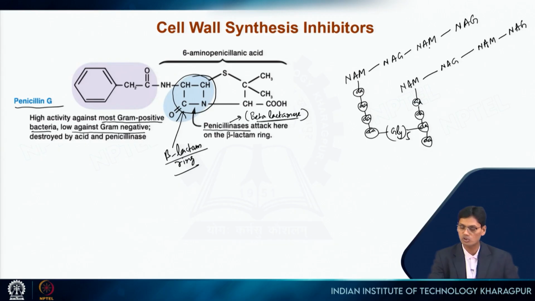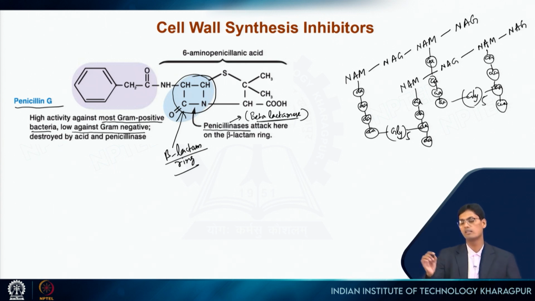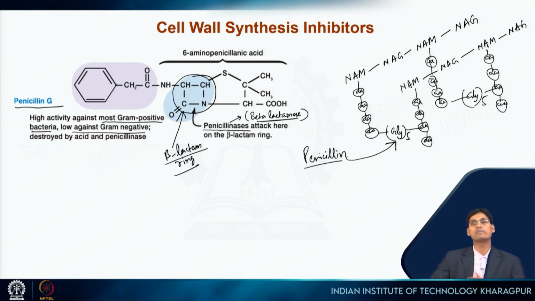Similarly from here also, an amino acid is coming from this NAM, and from here also, and again this kind of cross-linking happens. But penicillin prevents the synthesis of this, this step it stops. As a result, peptidoglycan cannot be synthesized, and that's why this is a very powerful drug, right?